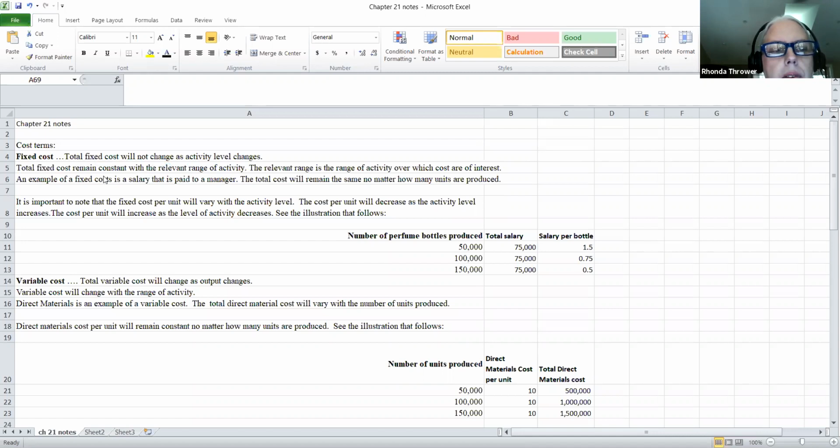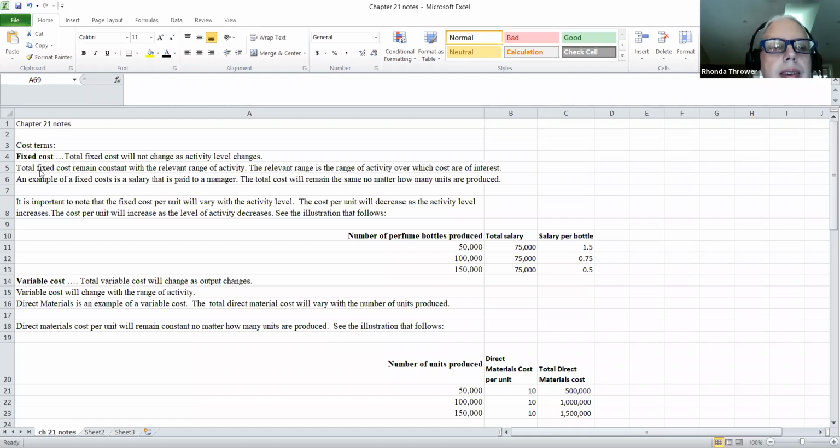The total fixed cost will remain constant within the relevant range of activity. And so I probably need to define for you what relevant range of activity means. And that's just the range of activity over which costs are of interest to management.